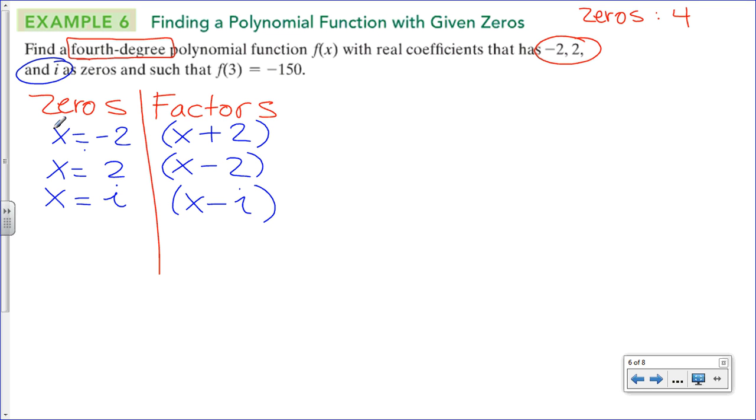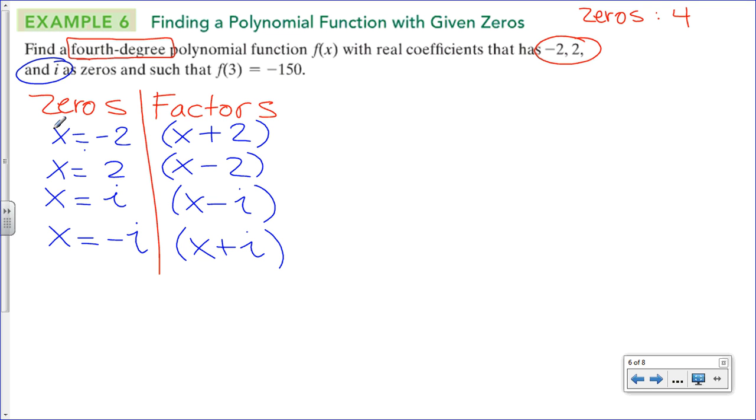Okay. And now, Crystal, since we know that imaginary zeros occur in pairs, conjugate pairs, what will be the other zero that you could imply will be there? Very good. So negative i. So Emily, what will be the factor that comes from it? x plus i. Okay, very good.